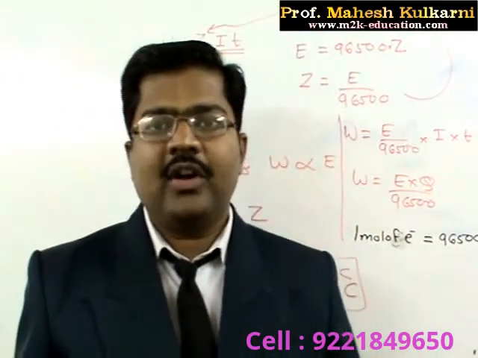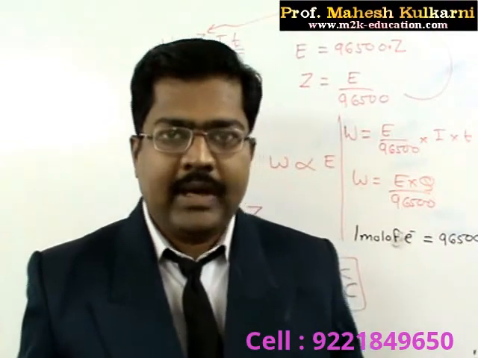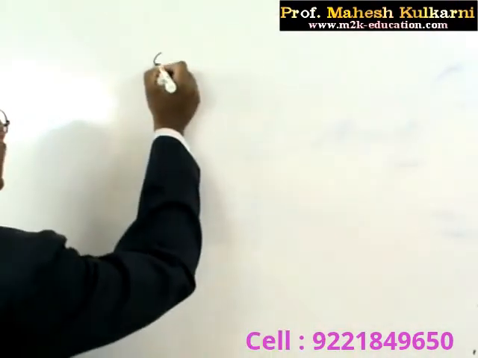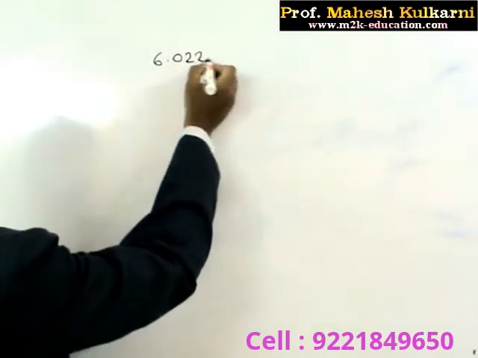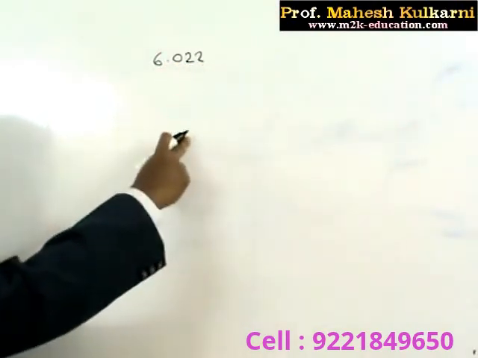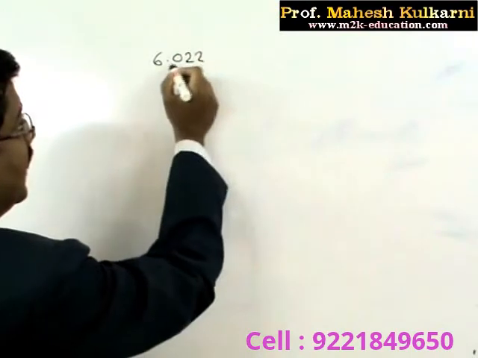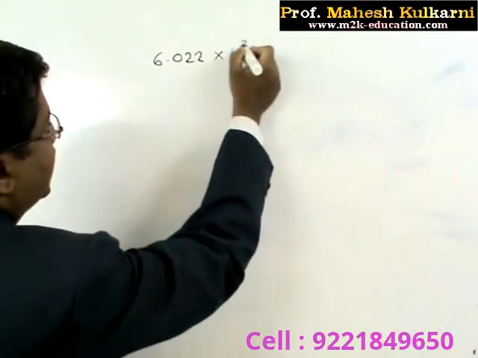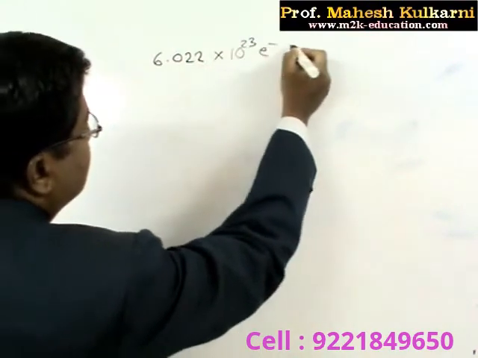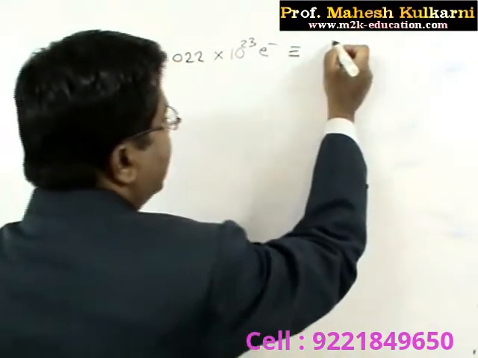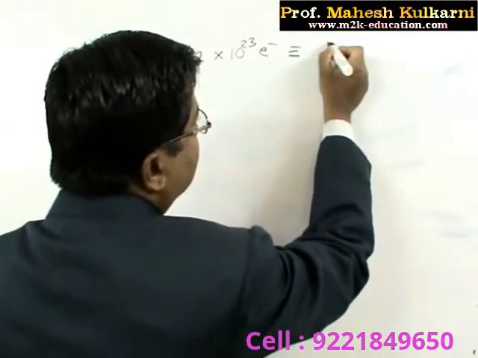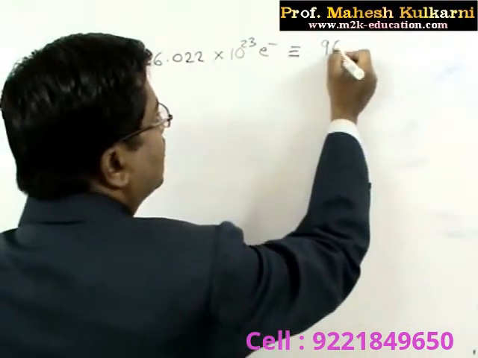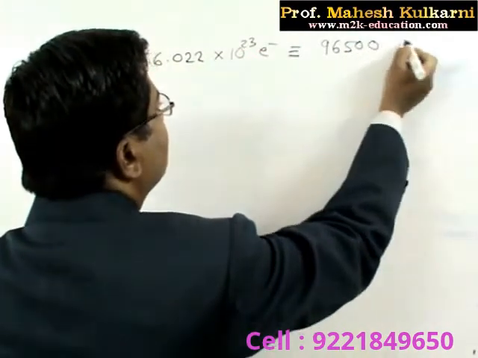So we are going to the electronic level now, and from this figure we can find the charge on 1 electron. 1 mole is 6.022 into 10 raised to 23 electrons, according to the modern figure, otherwise we take 6.023. They will possess a charge of 96500 coulomb.